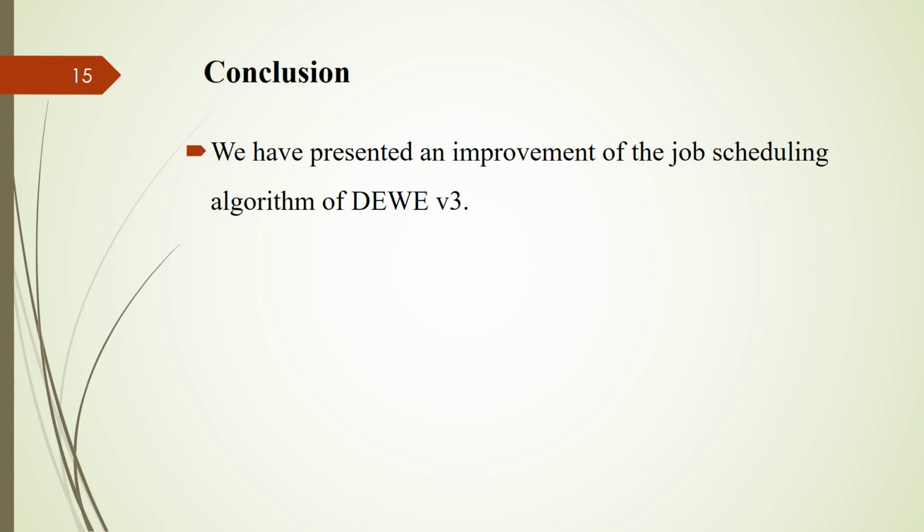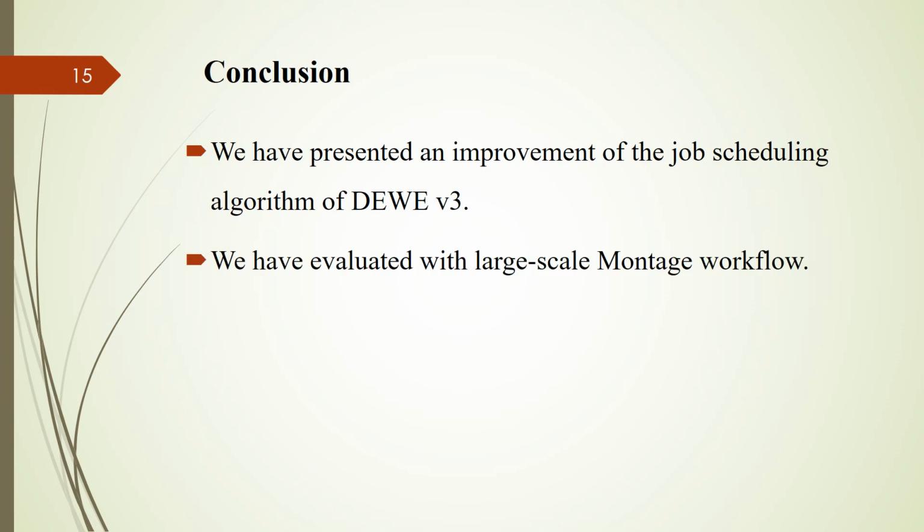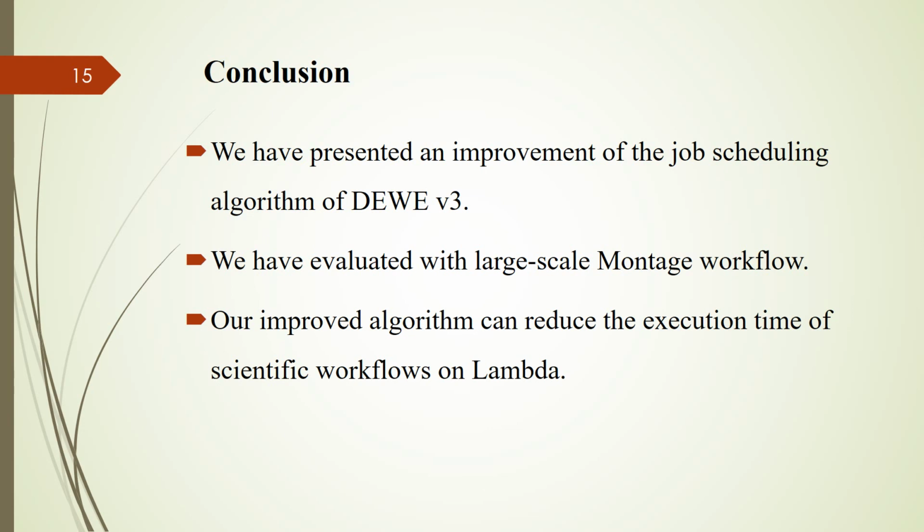This will reduce the overall workflow execution time. Secondly, we have evaluated the improved scheduling algorithm and the original algorithm with a large-scale Montage workflow, which is the 6-degree workflow. Finally, the experimental results show that our improved scheduling algorithm can reduce the overall execution time of scientific workflows on the Lambda platform, in contrast to the original algorithm of WV3.